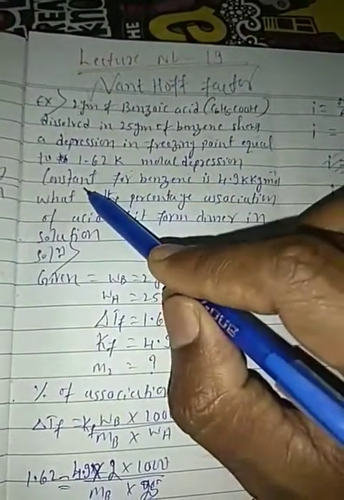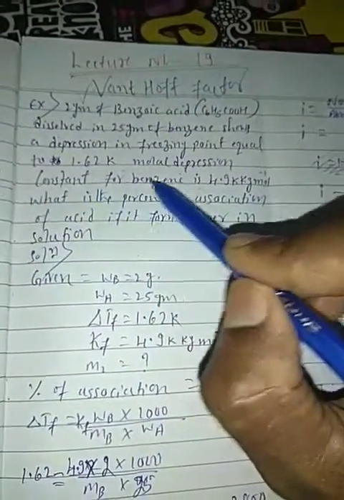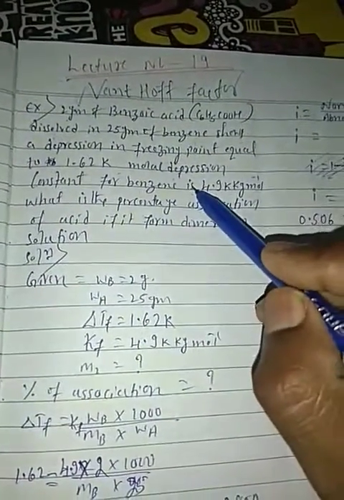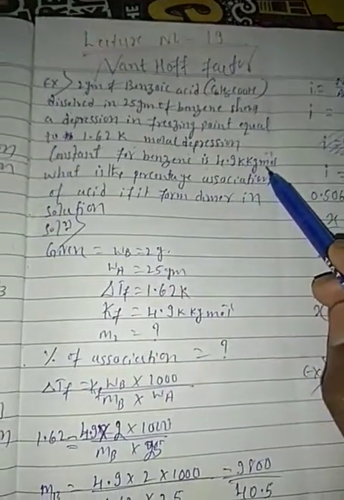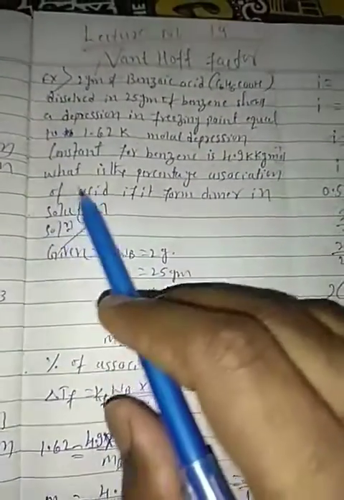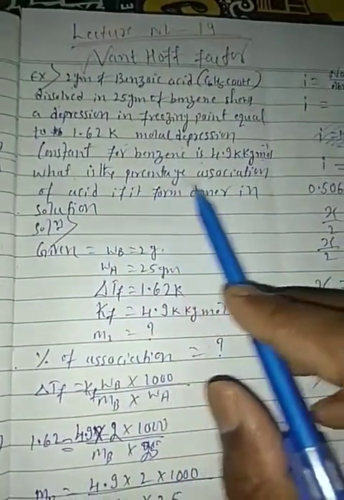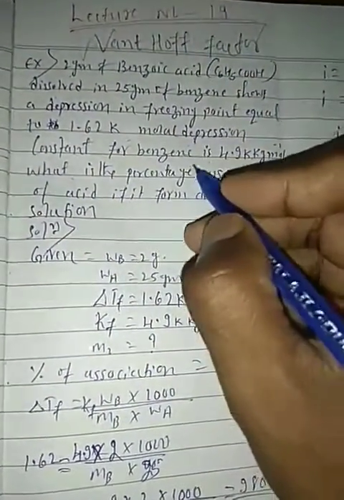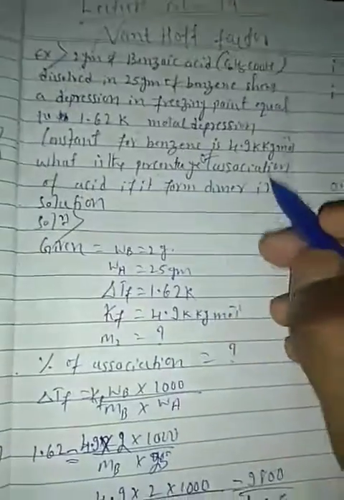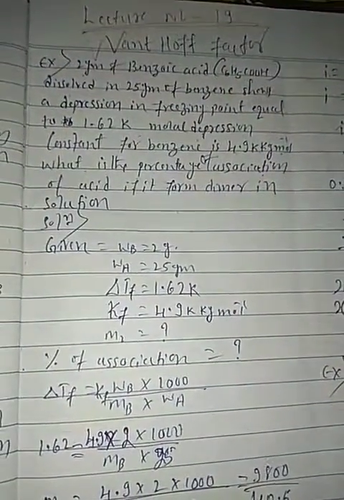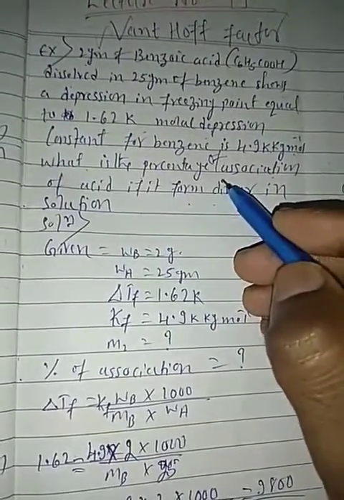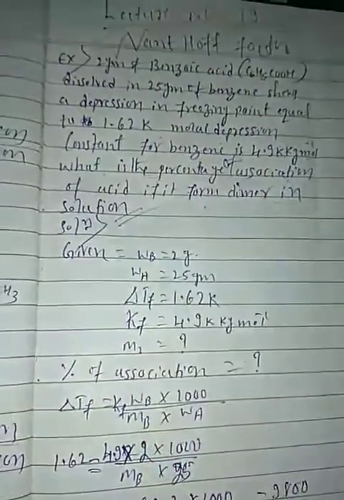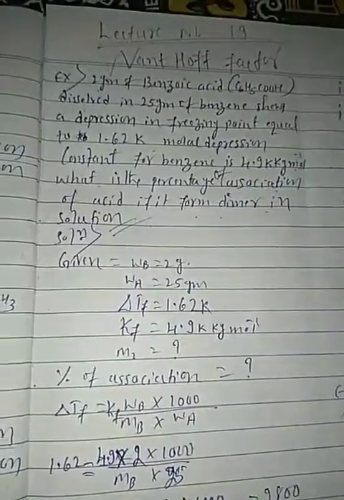Molar depression constant for benzene is 4.9 Kelvin kilogram per mole. What is the percentage of association of the acid if it forms a dimer in solution?